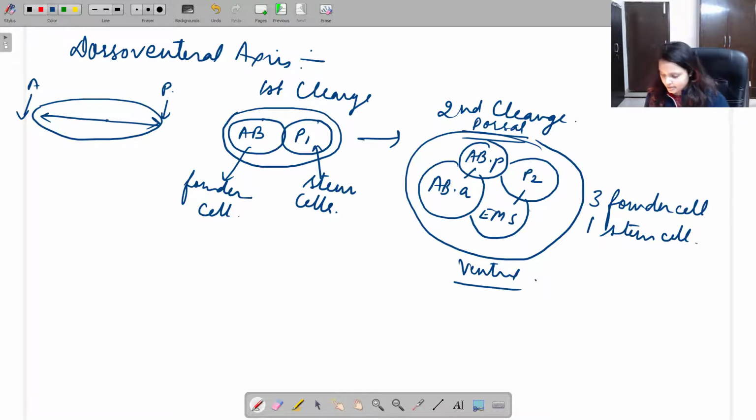EMS is a stem cell. Okay, so after the first asymmetric holoblastic cleavage, the larger founder cell AB and the smaller stem cell are formed.